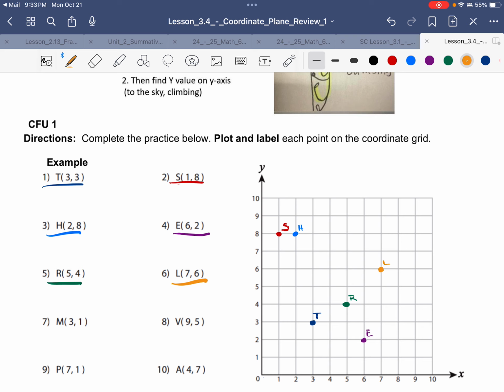That's L. All right, now M, 3, 1. V is 9, 5. 9, 5 here. P, 7, 1.